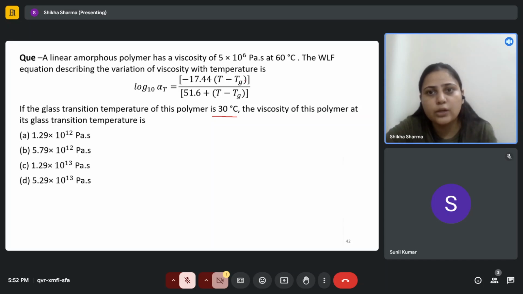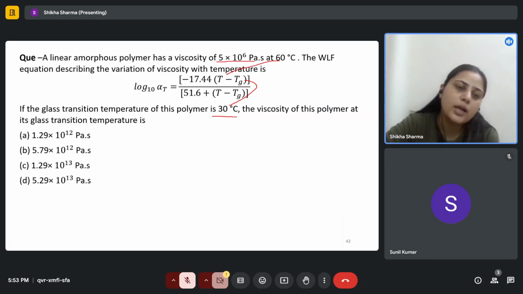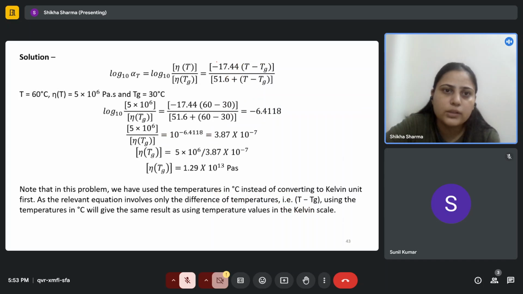The Tg value, which is the glass transition value, is given as 30 degrees Celsius, and the normal temperature is given as 60 degrees Celsius, and at 60 degrees Celsius the viscosity is 5 into 10 to the power 6 Pascal second. So we need to calculate the viscosity at glass transition temperature. So let's solve this question.